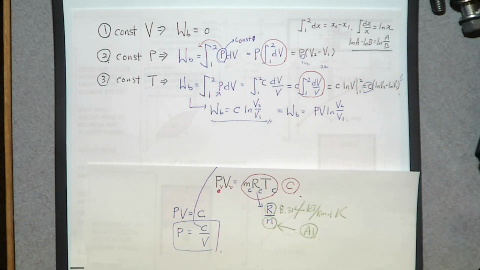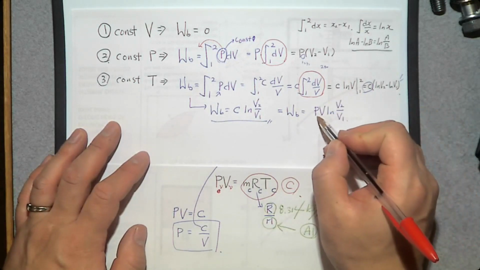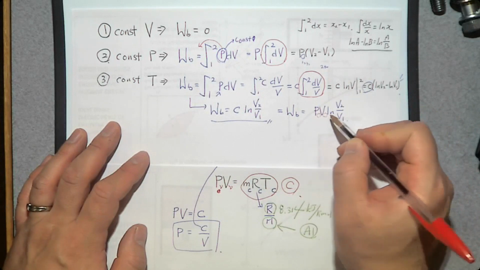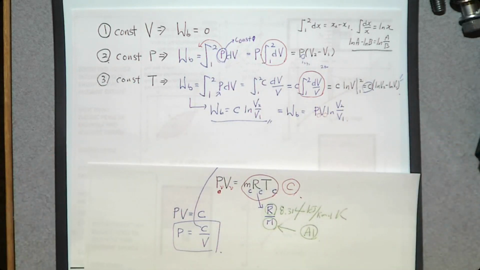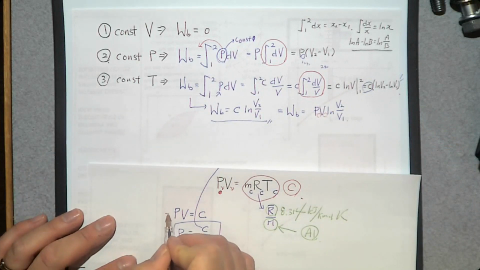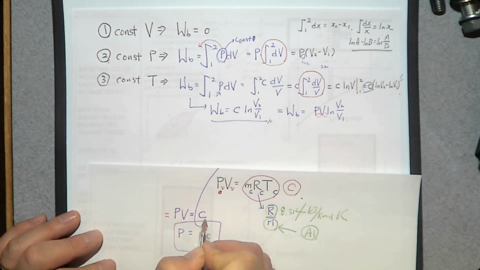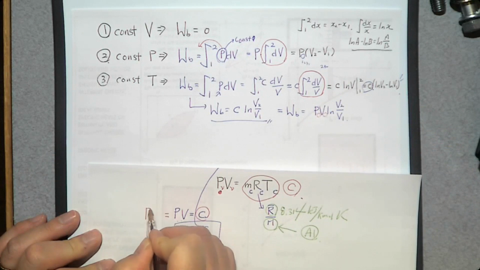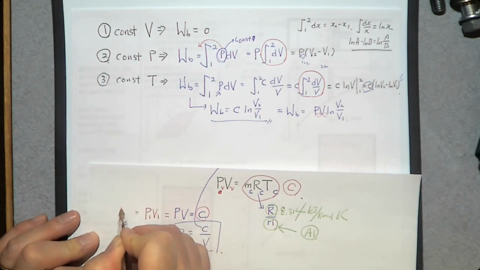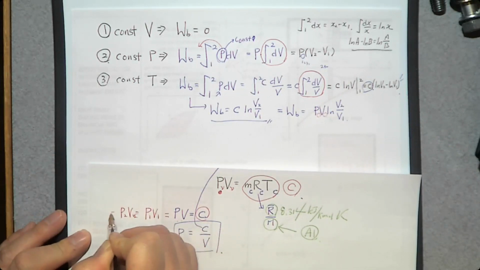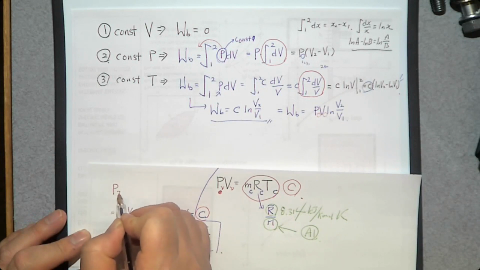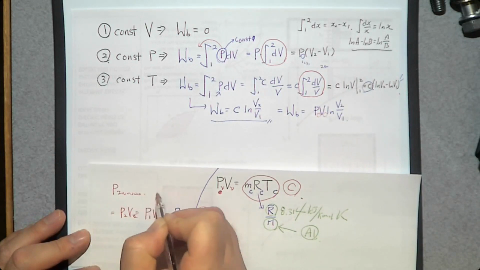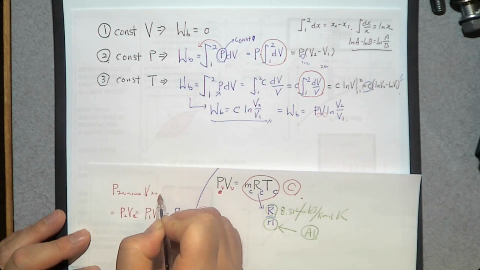Then you can find this one again. Oh, there's no subscript here. So is it P1 V1 or P2 V2? Doesn't matter, because I just said PV is constant. So this constant can be P1 V1 or P2 V2 or P3 V3 or P2 million, V2 million.